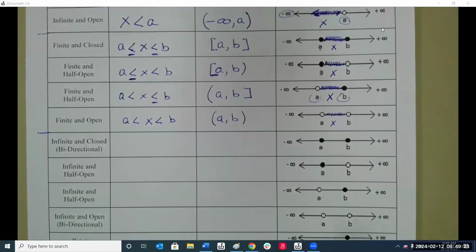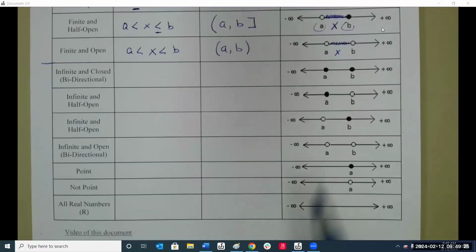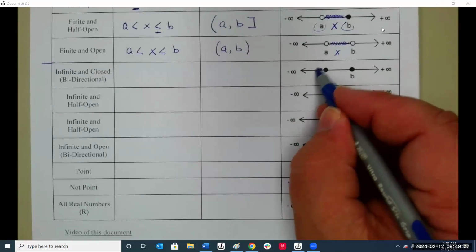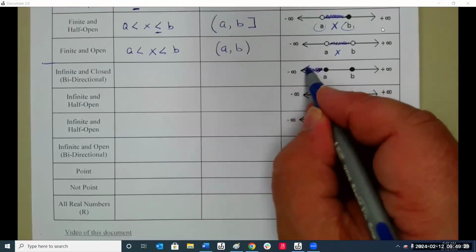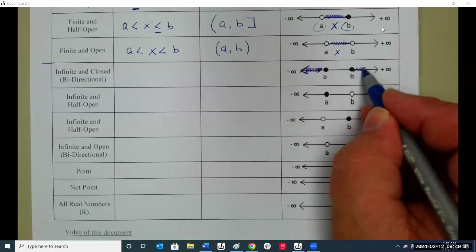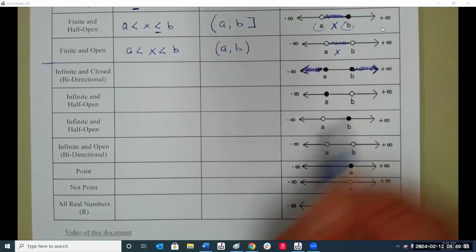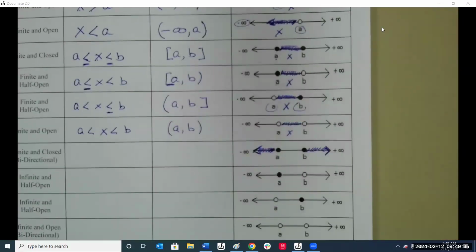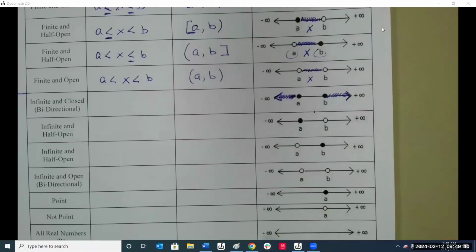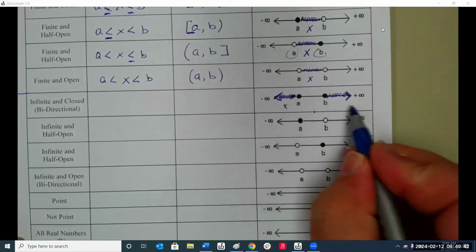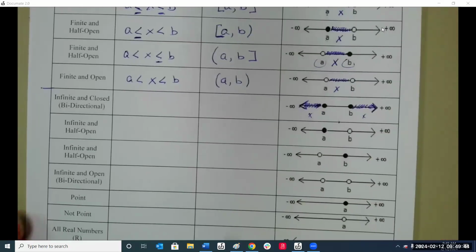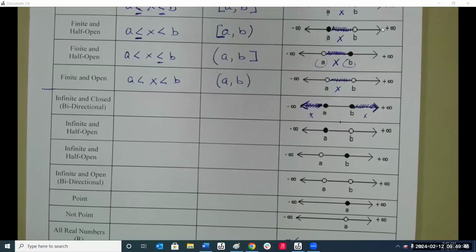So far so good. Now the next four deal with infinites, which means whenever we have infinite means we go to infinity. You notice how these go together towards each other? The next set, they're going away from each other. So these are my x's, which changes the way we have to write these things.